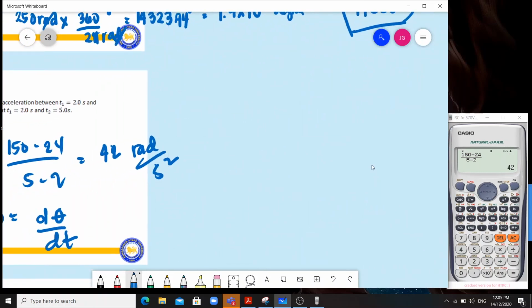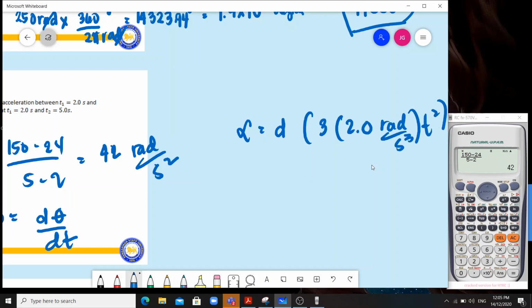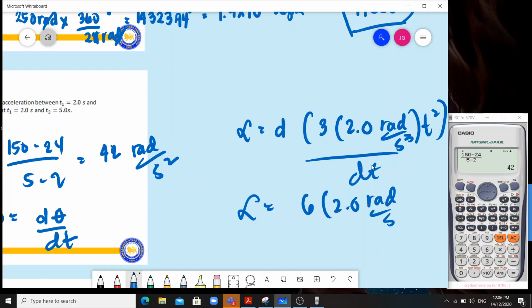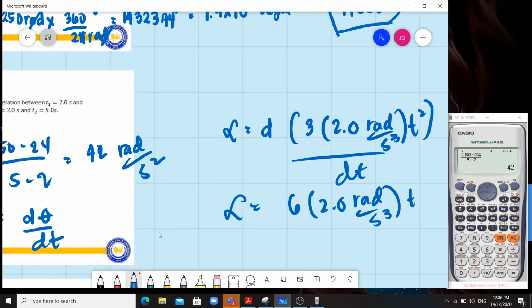So, alpha is equivalent to d of 3, 2.0 rad per second cubed t squared over dt. When we derive it, it becomes 6, 2.0 rad per second cubed t. So, that is our alpha.